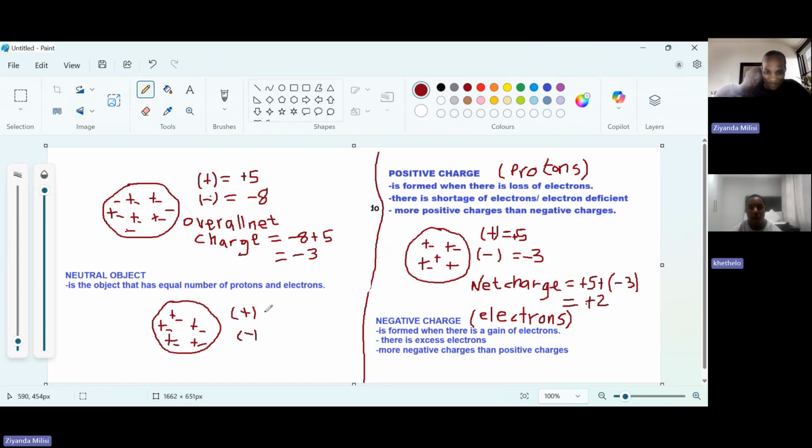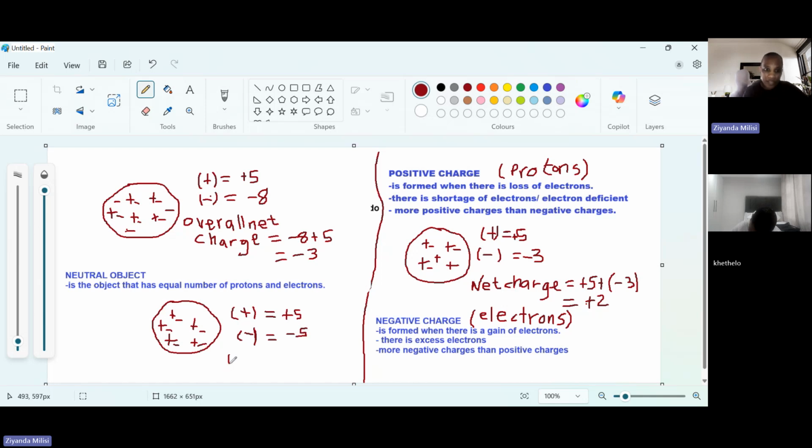There's 5 positives and there's 5 negatives, which is equal to negative 5.